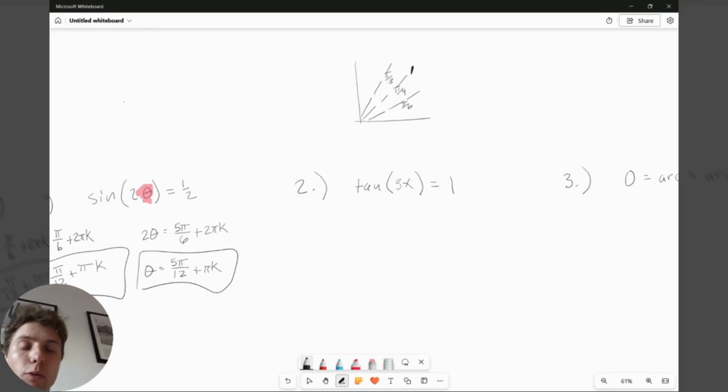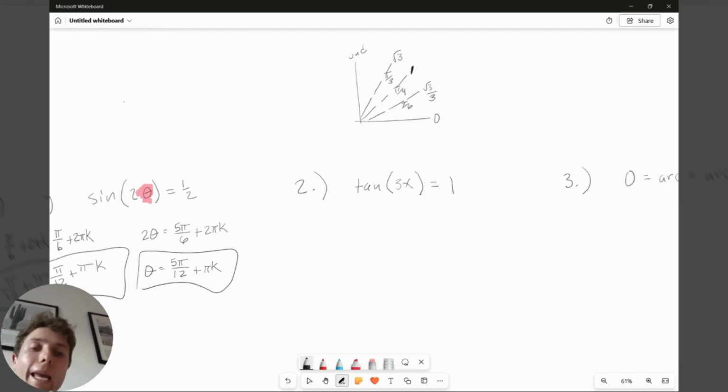Root 2 over 2 over root 2 over 2 ends up canceling out, giving us 1. Tangent at these other spots, if you go through the same process, gives you root 3 over 3 and root 3. I have shown that in one of these videos, I believe the last one, 3.11. So if you need to figure out how we got those values, please watch that video. So, okay, here are our other values.